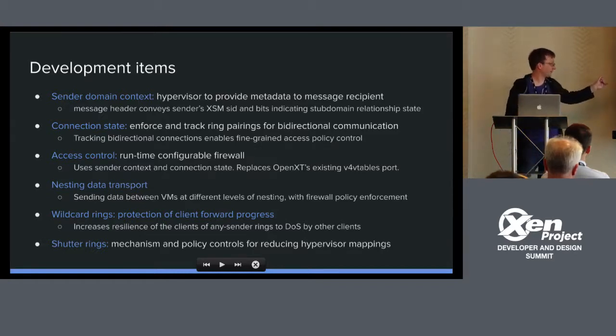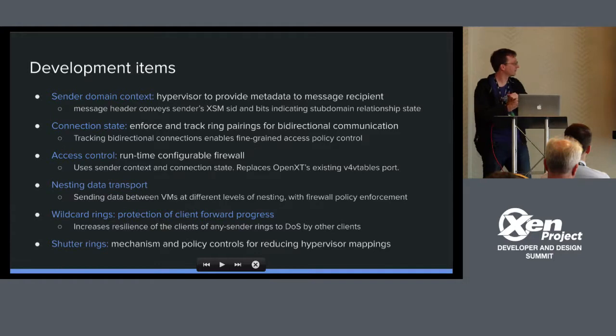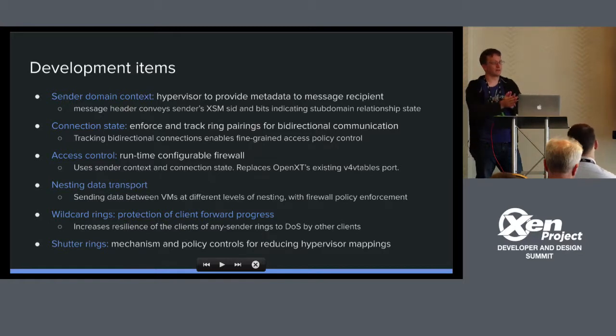Fifth thing, wildcard rings, protection of client forward progress. This is more of a cleaning up item. At the moment with Argo, you can register a ring and say, I'm going to allow any domain to send to this ring. Now, the issue with that is you don't want a noisy guest to be able to deny access to other VMs to that ring.